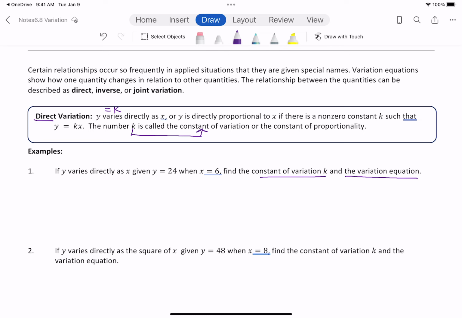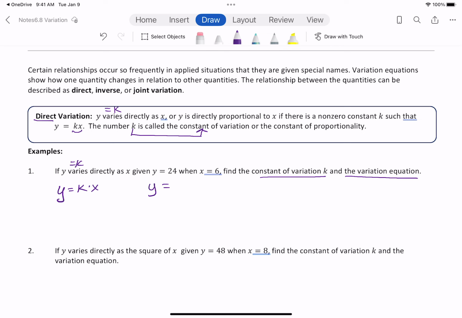Remember, for y varies directly, it's y. When we see varies, we're going to write equals k. And then depending on the type of variation, this one is directly, the only one that we've learned so far. Directly means that we multiply k times that variable. So directly as x means that we're just going to multiply k times x.